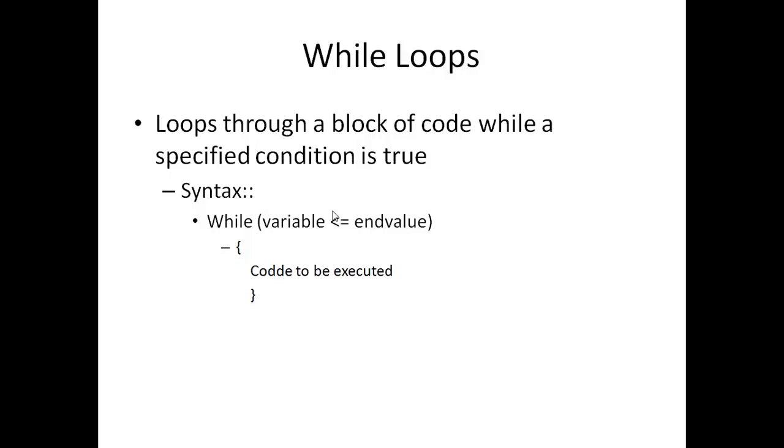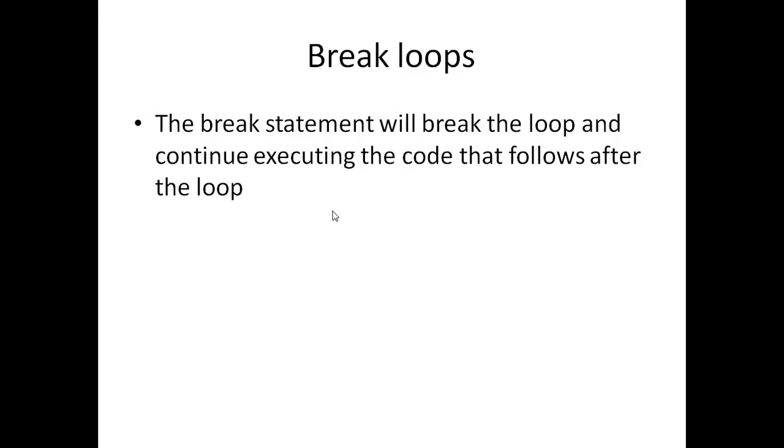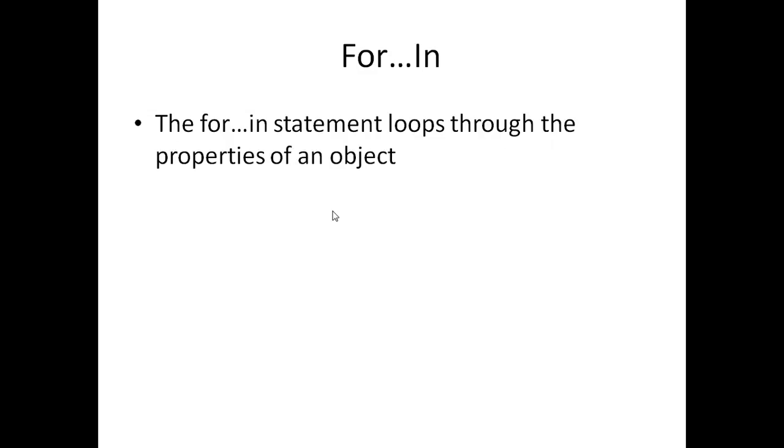Syntax: while variable is less than or equal to a value, the condition. So it runs until this certain condition is no longer true. Break loop. The break statement will break the loop and continue executing the code that follows after the loop. The for in statement loops through the properties of an object.